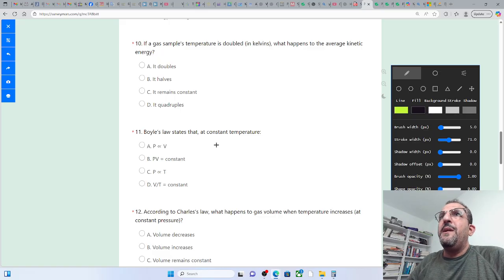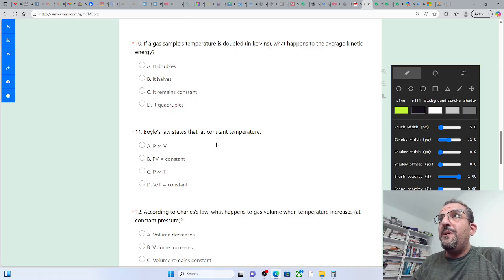So number 10, if a gas sample's temperature is doubled in Kelvin, what happens to the average kinetic energy? Is it doubled, halved, remains constant, or quadruples? So what do you think, guys?